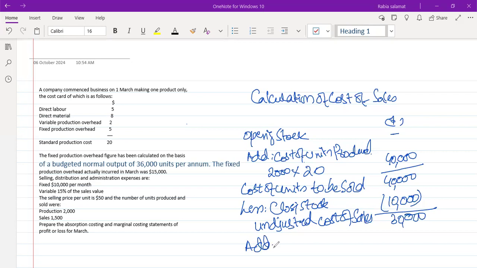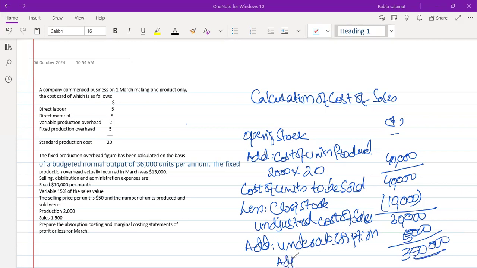And under absorption is 5,000. So we get 35,000, the adjusted cost of sales. Now we can easily solve the statement because we have done all the working.